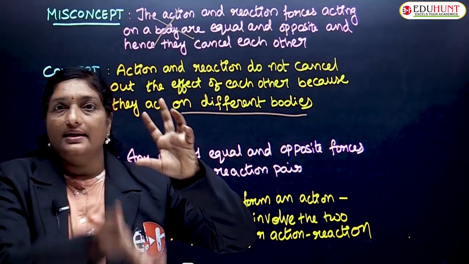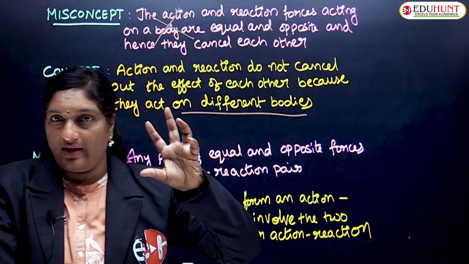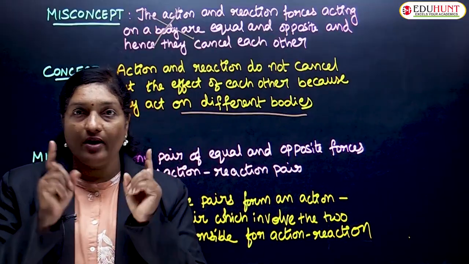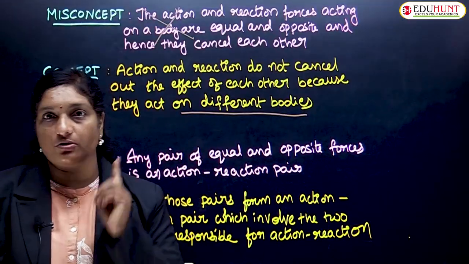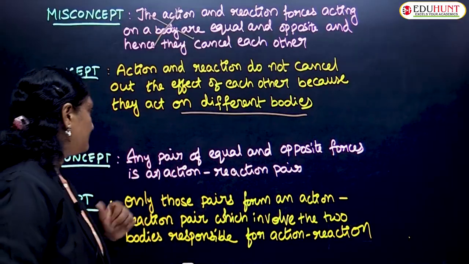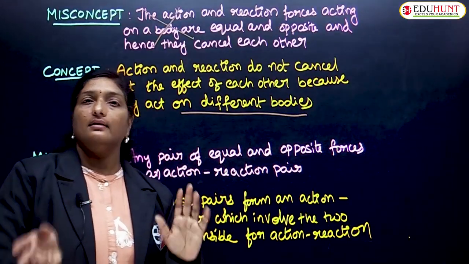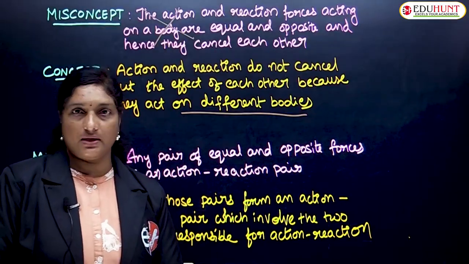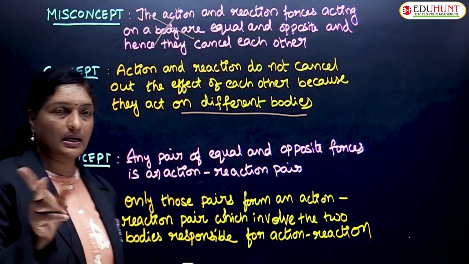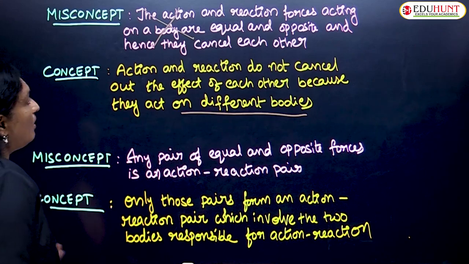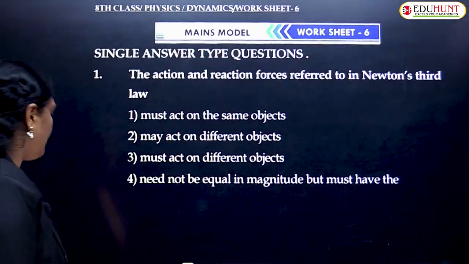So this can't exert any force on that air. Here we always require two different bodies; a single body is not possible. So any pair of equal and opposite forces forms an action-reaction pair only then. So anyhow, based on that, let us move to the numerical part of this.